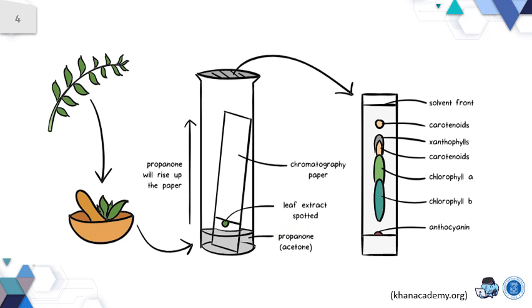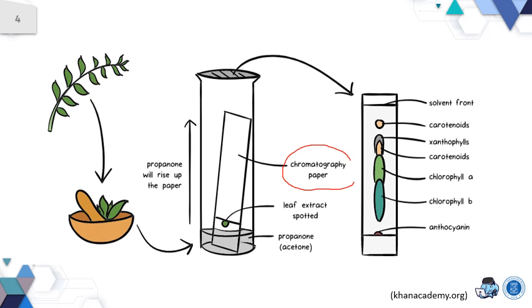This is the scheme that I got from Khan Academy. For example, a leaf contains a lot of components, not only chlorophyll but also some other components. When we want to check the components of the leaves of a plant, we can use TLC. You put it on the stationary phase. In here, for example, it's chromatography paper, but for TLC you can use a silica gel plate.